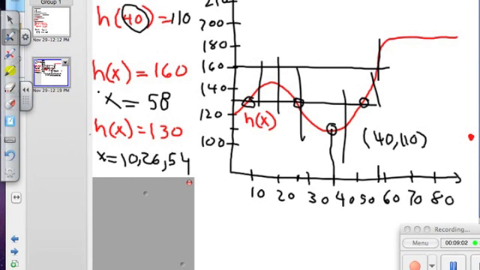So there's our discussion of function notation. We'll talk about it a little bit more, but the big ideas that I want you to remember are that f of x, although it doesn't always have to be f, is the same thing as y.